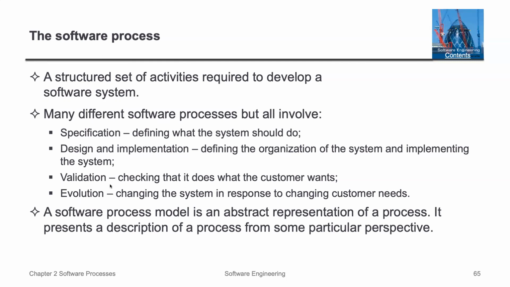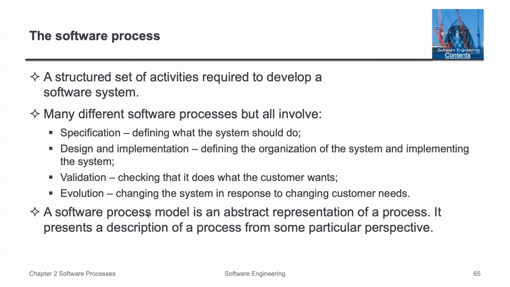Then after you've done the implementation and design, you need to validate it, check with the customer, and see that it meets what the customer wants. Finally, you need to be able to evolve the software, to change the system in response to changing customer needs, or as things need to be modified while it's in the field over a period of time.